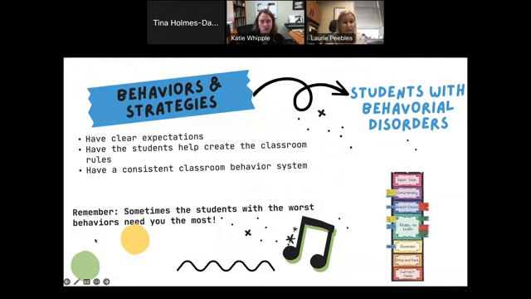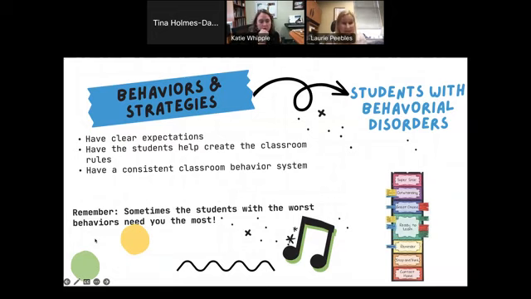And I also just want to leave you with something. Some of you are probably very familiar with this, but it's something I truly take to heart, and I teach my students this every year when we go over behavioral diagnoses. Sometimes the students with the worst behaviors need you the most. As my loving mentor used to say, the bad kids are sometimes the ones who truly need to know that you do care about them.